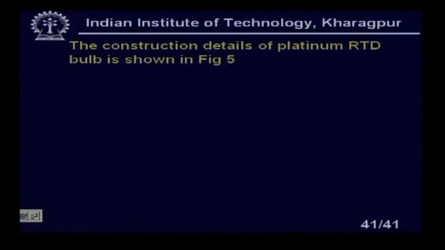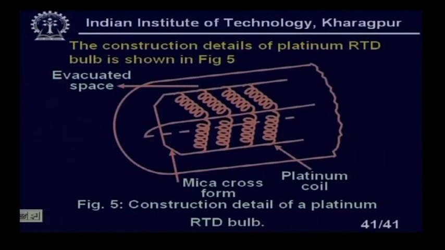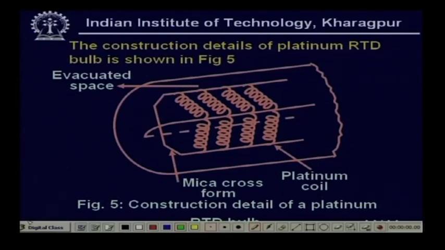The construction details of the platinum RTD bulb are shown in the figure. This is our typical construction of the RTD. You can see here our mica cross, on which the RTD wire is wound in coil form, so that the least amount of strain is developed while the temperature rises.